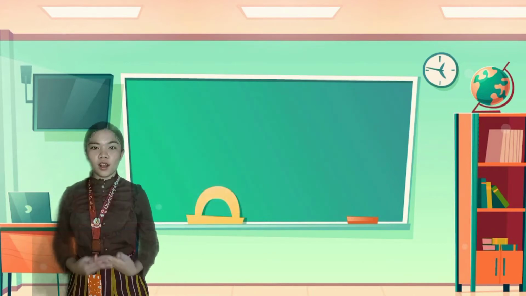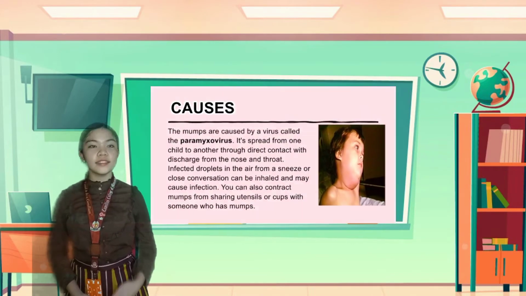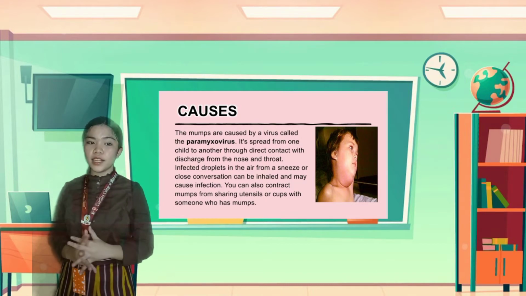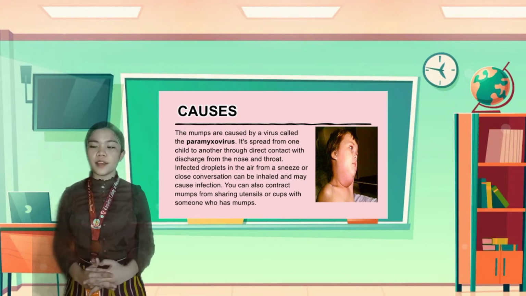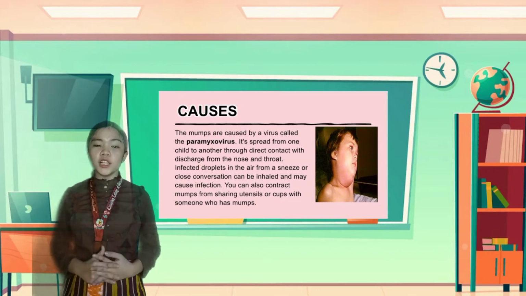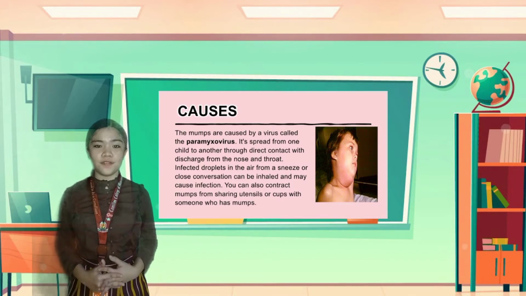Mumps is caused by a virus called paramyxovirus, meaning to say it is caused by a virus that spreads easily from person to person through infected saliva.